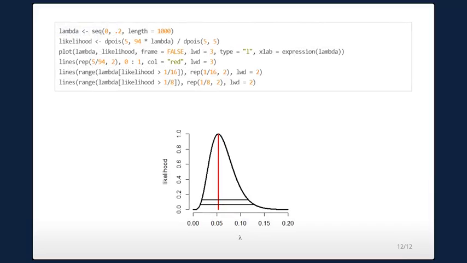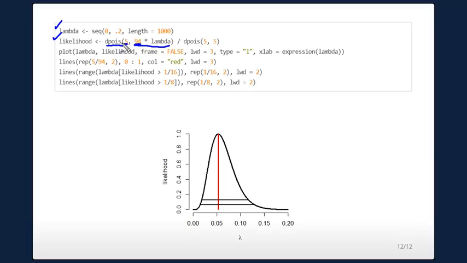My lambda is the parameter I'm interested in, so I'm going to create a grid of lambda values to create my function. My likelihood is just the Poisson density, now viewed as a function of all these lambda parameters, but remembering that in each case I sampled for 94 days with the data fixed at 5.